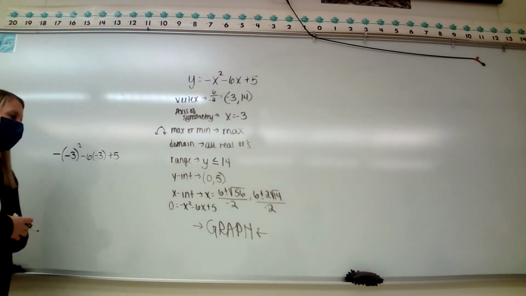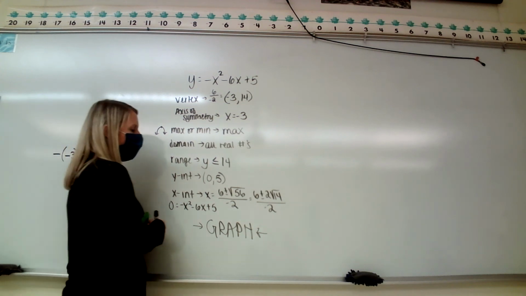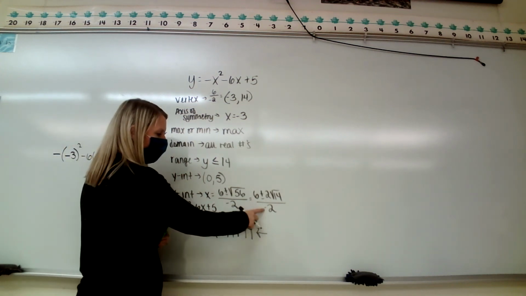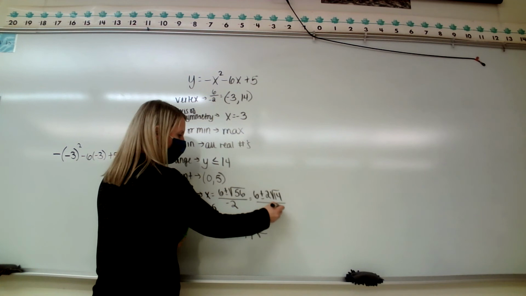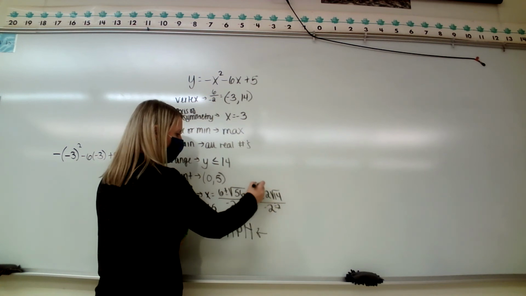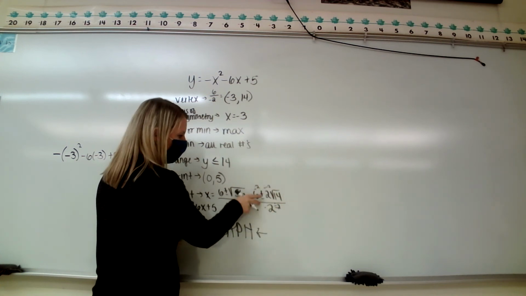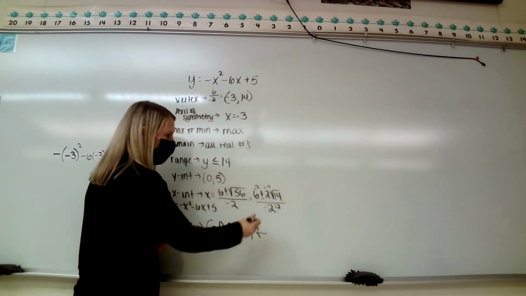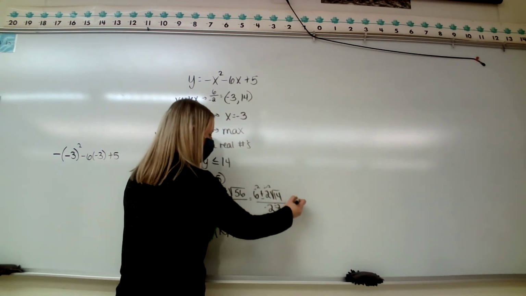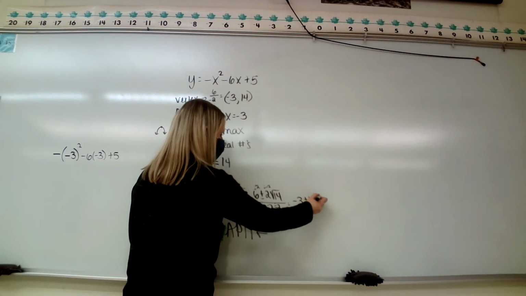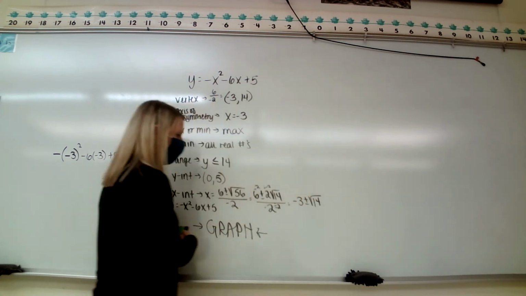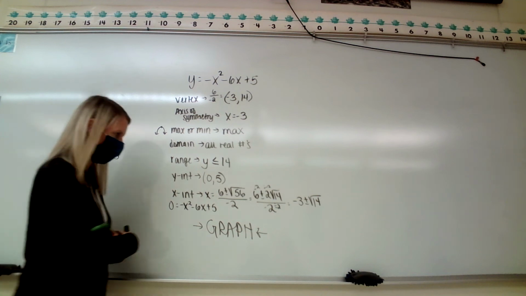And then as you're finding your final x-intercepts, for the exact, we don't want negatives in the bottom, so I'm going to divide by negative 2 as I'm dividing that out. Remember, it doesn't really affect these because those just flip, so they end up being the same. But that ends up being negative 3 plus or minus the square root of 14. So that would just be over 1.